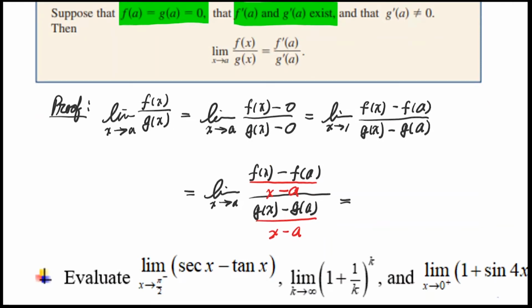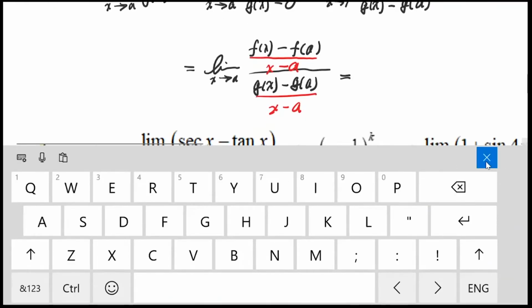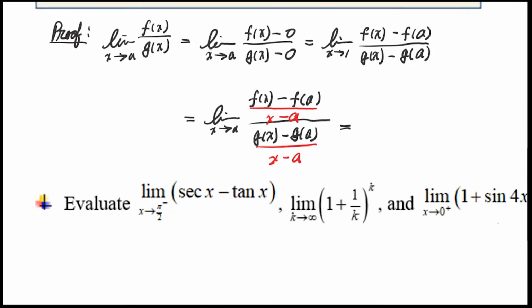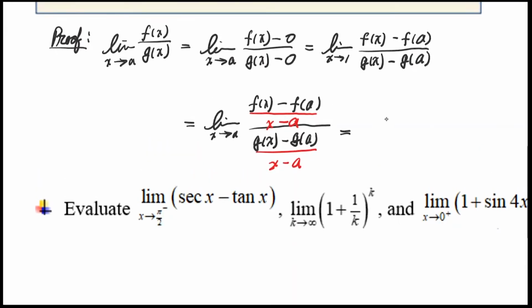Somebody tell me, does this look familiar? What is that? It looks like the alternate form of the derivative, doesn't it? Wow, voila, the proof.